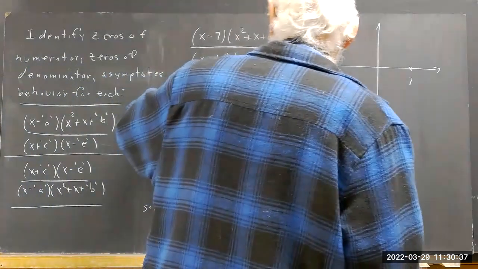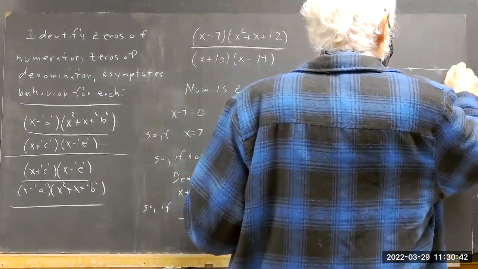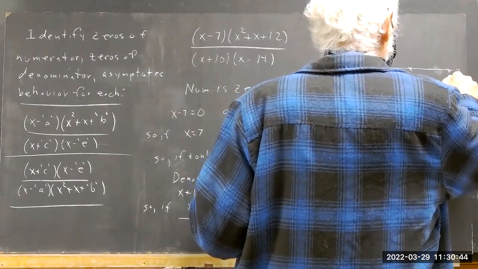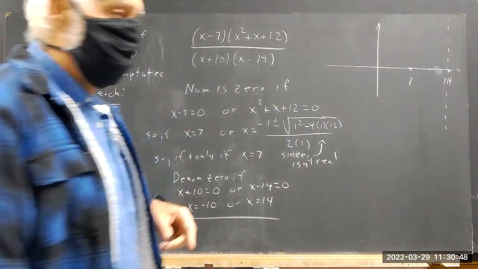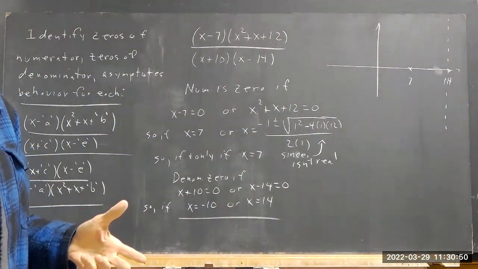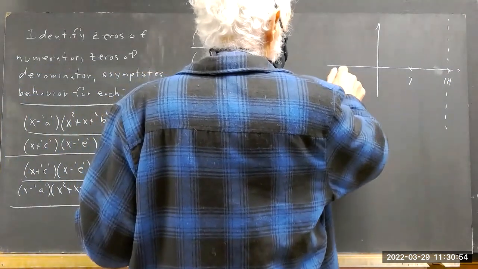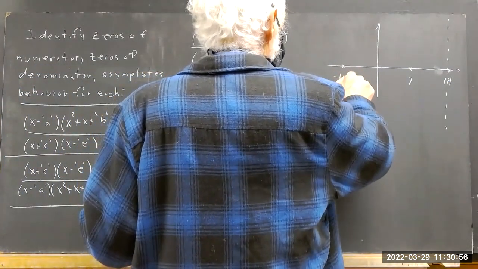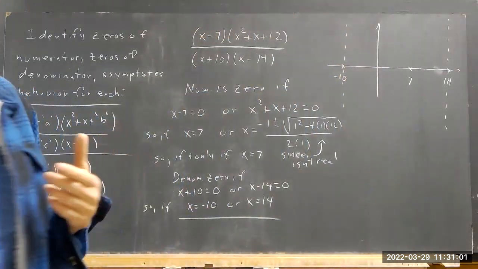Okay, so when x equals 14, we draw a dotted line indicating we're going to have a vertical asymptote there. And at x equals -10, same thing, vertical asymptote.